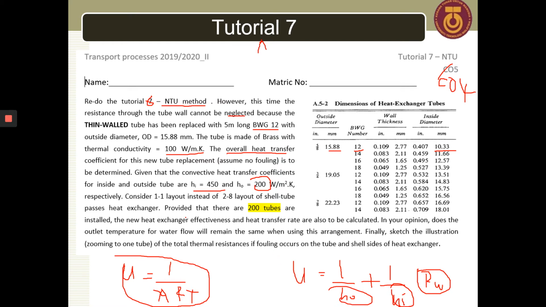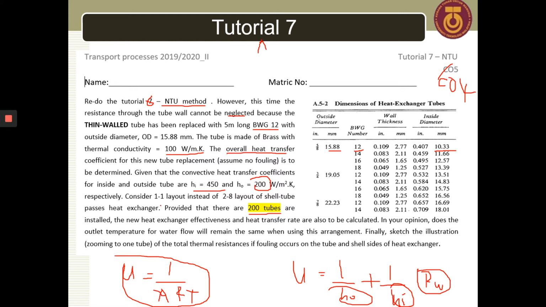The question also asks specifically that you use a one-to-one layout. The question also mentioned that there are 200 tubes. Because there are 200 tubes, what do you think?